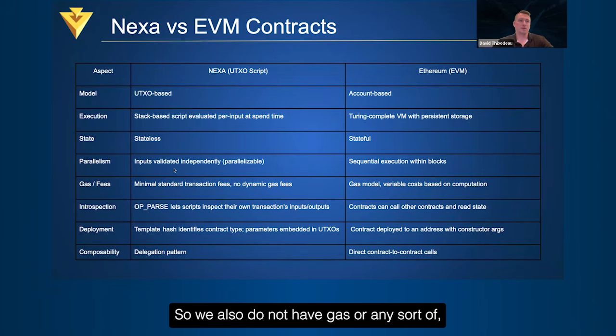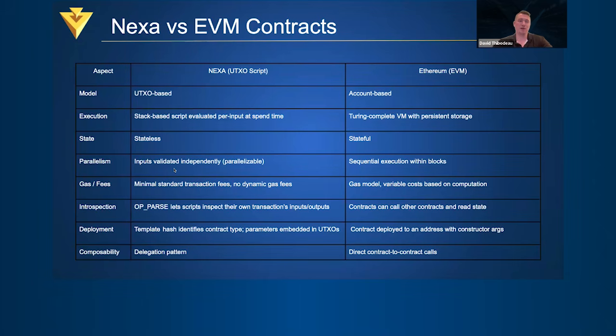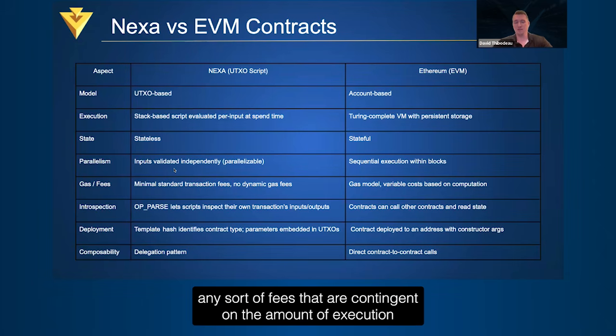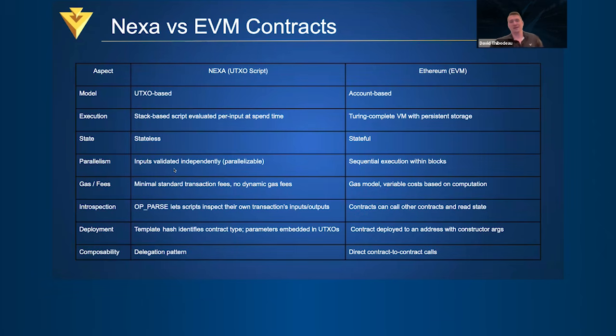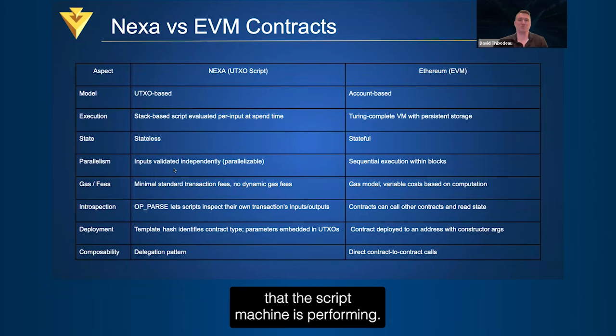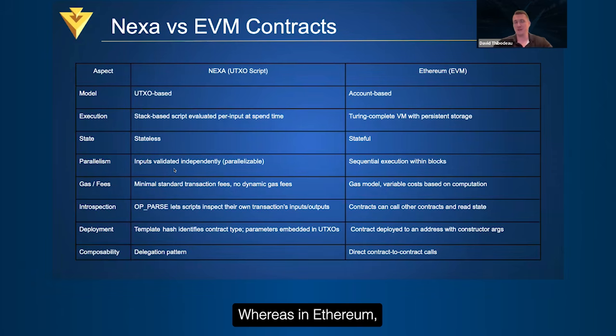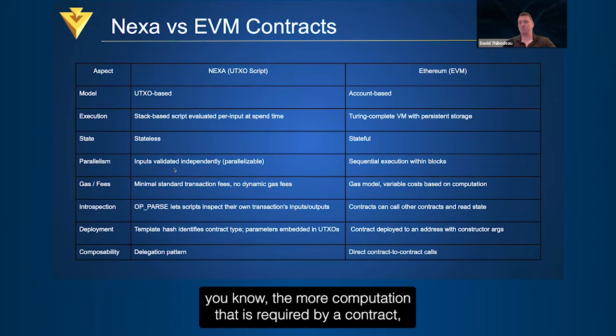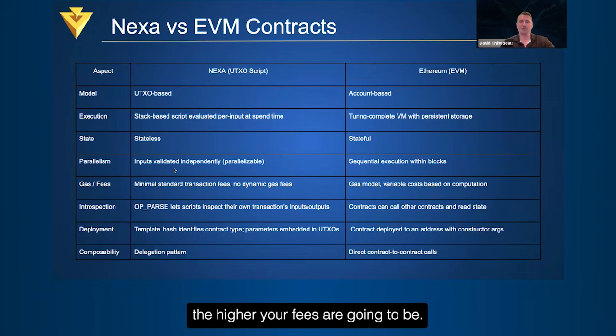We also do not have gas or any sort of fees that are contingent on the amount of execution that the script machine is performing. Whereas in Ethereum, the more computation that is required by a contract, the higher your fees are going to be.